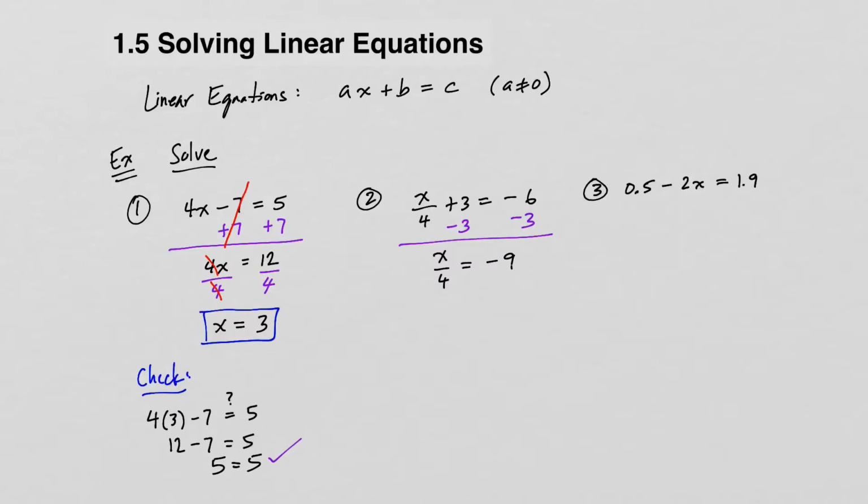And then we have x divided by 4, and to get rid of the 4 here, we need to multiply both sides by 4, which is the same as multiplying by 4 over 1, if you prefer to write it in that way. After doing that, the 4's cancel, and we end up getting x equals negative 9 times 4 is negative 36.